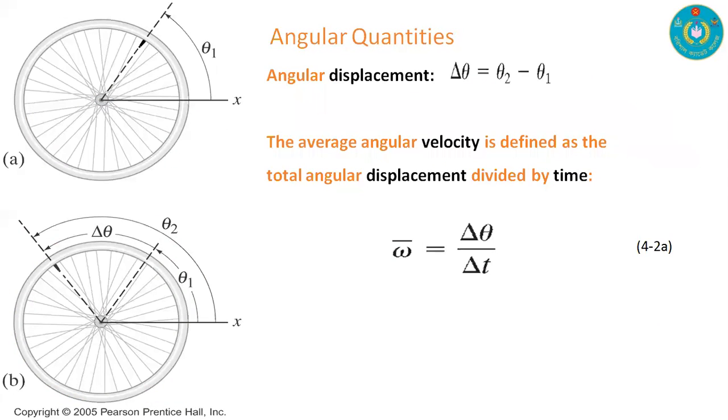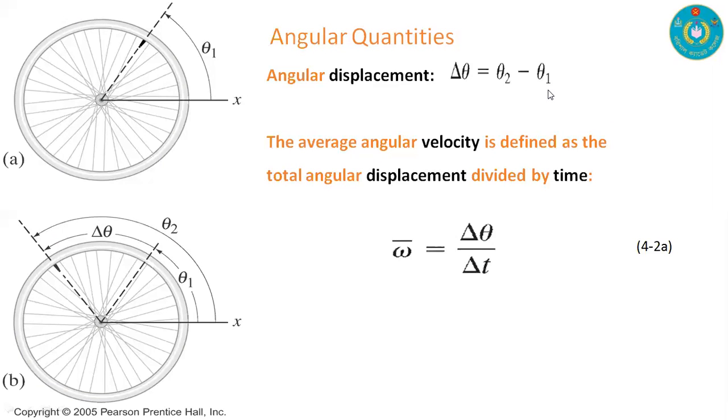And for angular quantities, the first topic is angular displacement. An object starts from this initial point and ends at this point. At first we have the angular quantity theta 1, and after the displacement we have theta 2, and the total angular displacement is del theta equals theta 2 minus theta 1.